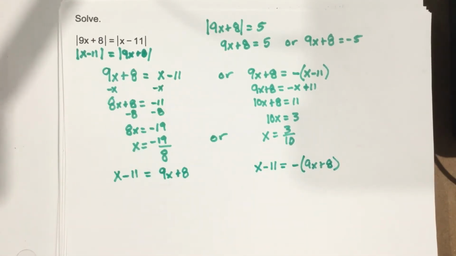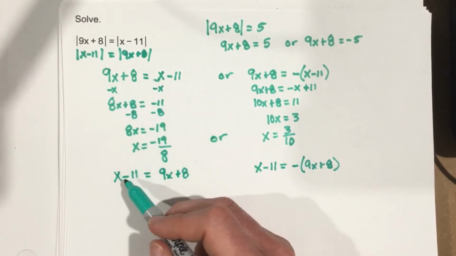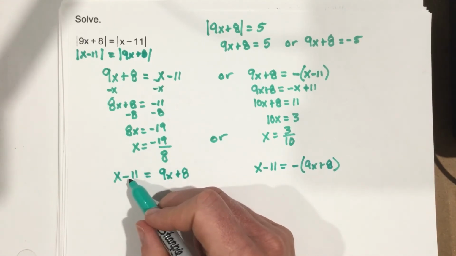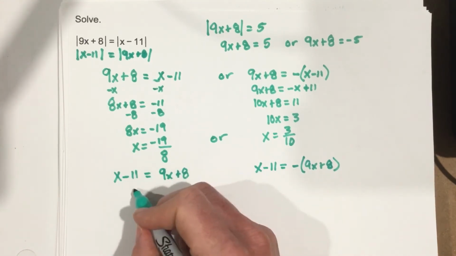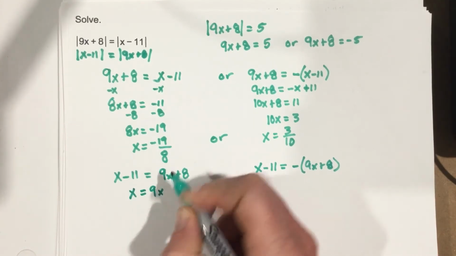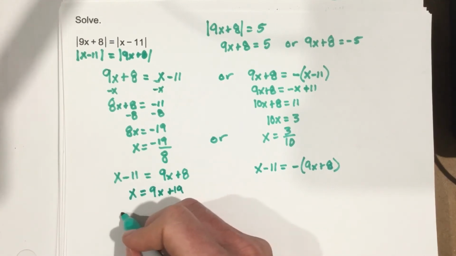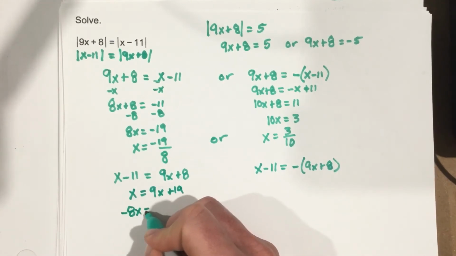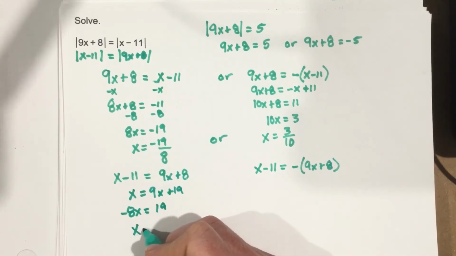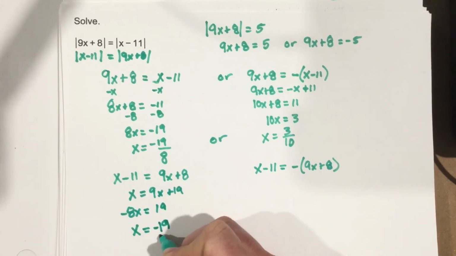And let's just see if we end up with the same answers. As you can see, this equation is the exact same as this equation, so we're definitely going to end up with the same answer here. Let's go ahead and add the 11 over. So we get x equals 9x plus 19. Subtract the 9x over, and that's negative 8x equals 19. And then divide by negative 8, and you get x equals negative 19 over 8.